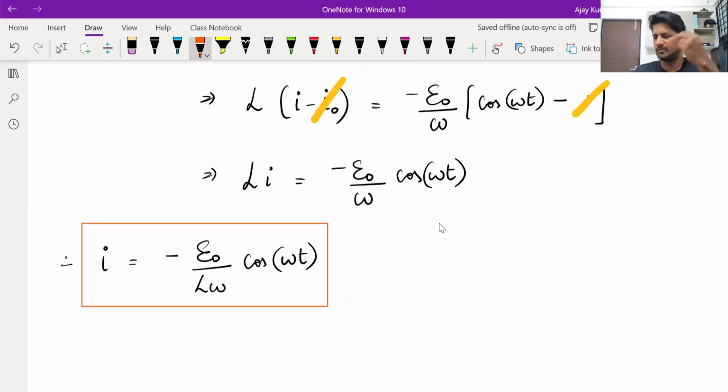Now tell me, from what you understand about inductors, does an inductor ever oppose current or not? It does oppose it, sir.